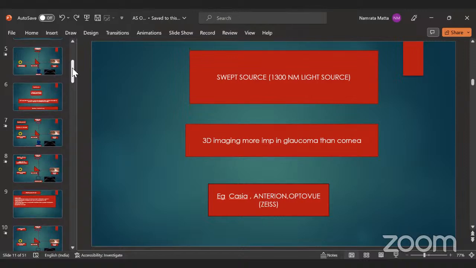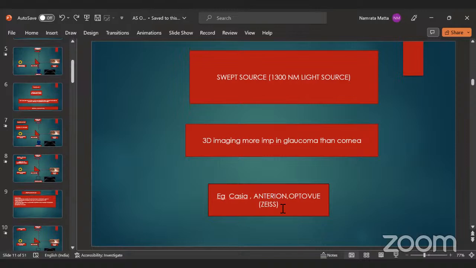ILMaster 700 uses around 1050 nanometers. And the ideal ASOCT, mainly for anterior segment imaging, uses a more infrared wavelength, 1300 nanometers. So 1300 nanometers is used in Anterion of Heidelberg, and Cassia.